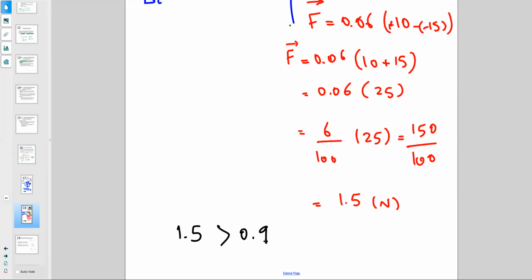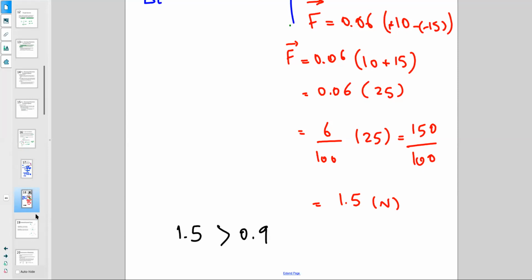It's not going to stop. It'll bounce back with maybe a lower velocity, just like what I had here, 10 meters per second. But it will bounce back with a velocity, and it will apply more force because of that. So that's why it's doing more damage to your car.